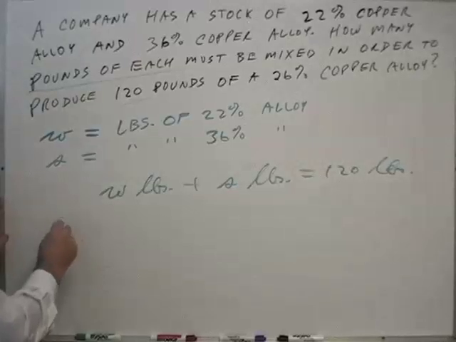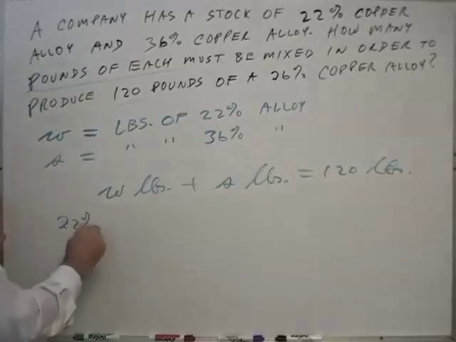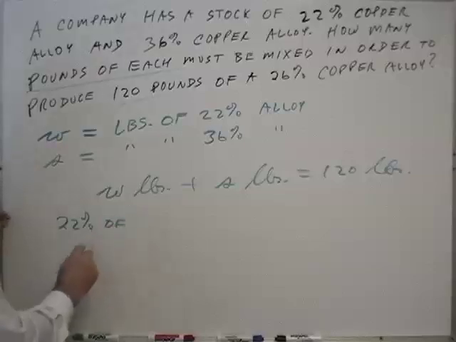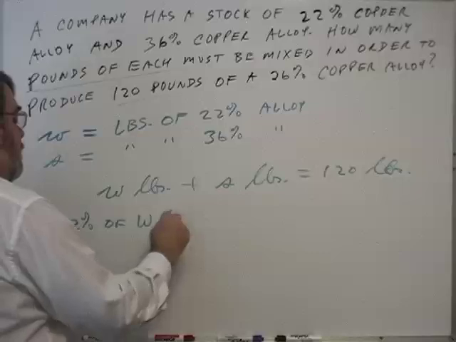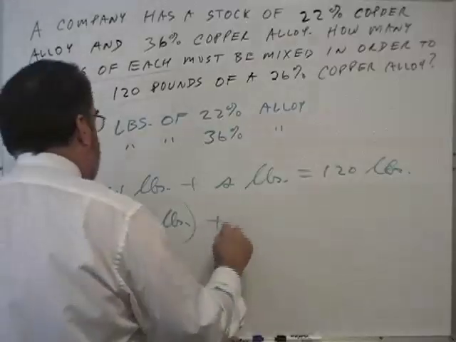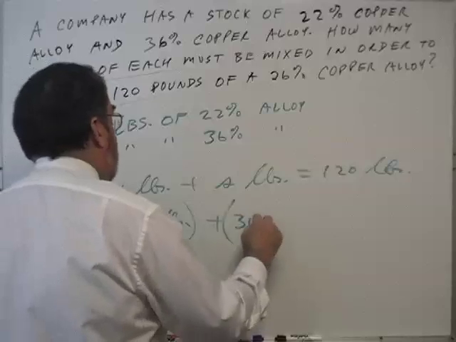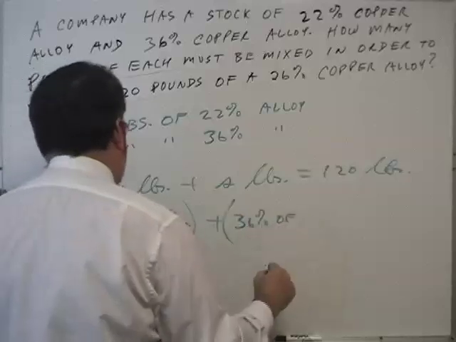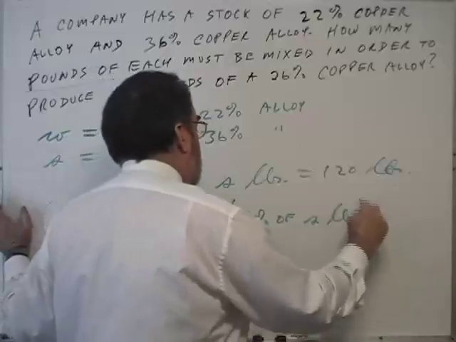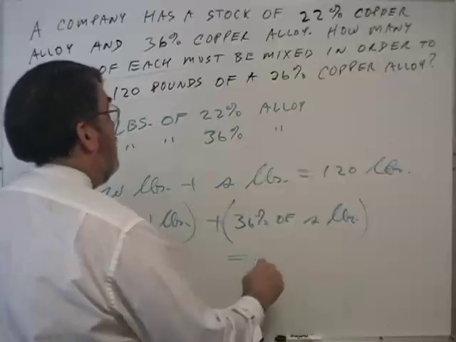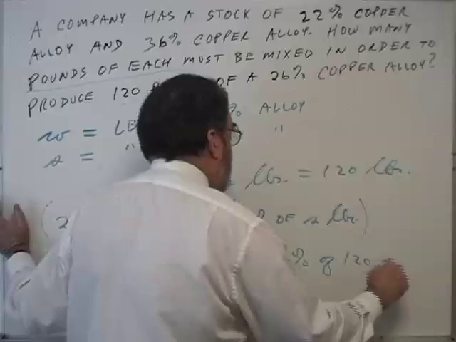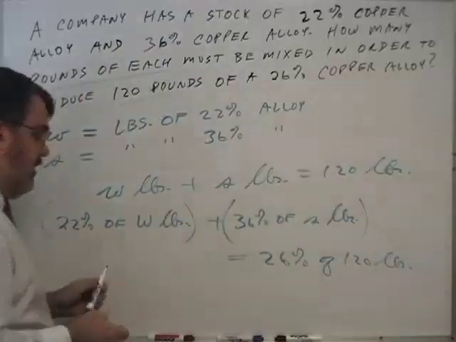If I take 22% of W pounds and I add that to 36% of the S pounds, then I should get 26% of 120 pounds. So look at my units there.